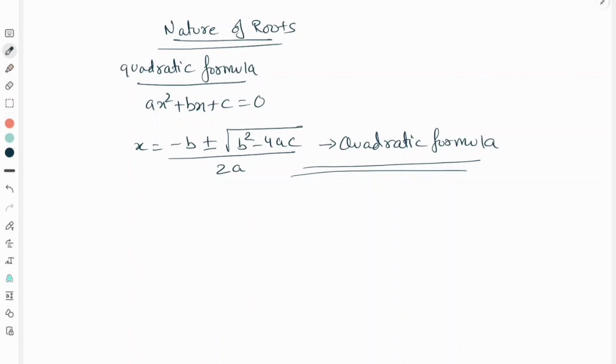Now we will study the nature of the roots, where we can say that if b square minus 4ac is more than 0, it implies that we have two distinct roots.